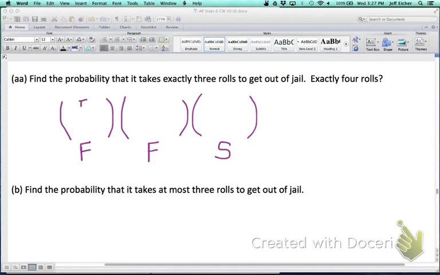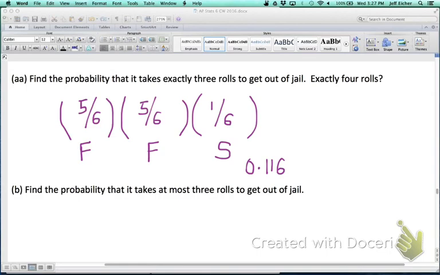So failing would be 5/6 that you don't get doubles, and then 5/6 that you don't get doubles, and then finally you succeed 1/6. Multiplying that, if my math is right, we would get about 12%. So 12% of the time, it will take you exactly 3 rolls to get out of jail.